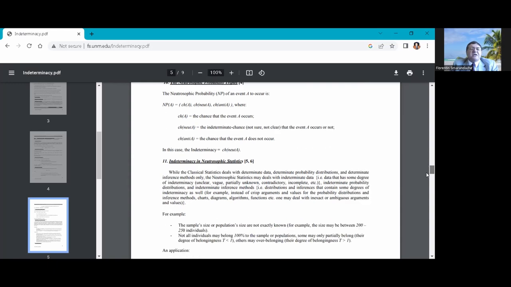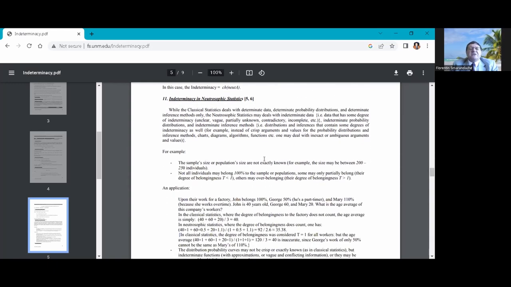Indeterminacy also appears in statistics, because classical statistics is based on determinate data, and the probability on determinate probability distributions. But we have a lot of indeterminacies in our everyday life. We have indeterminate data.